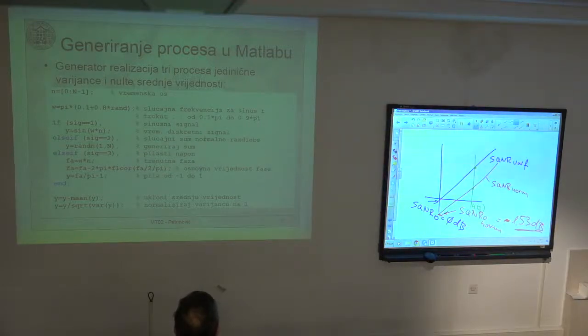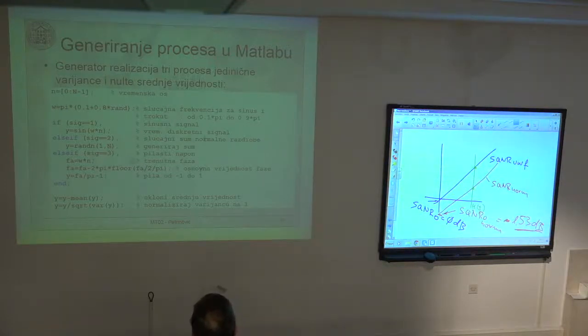If the signal is a random noise with a Gaussian distribution, I use the built-in MATLAB function, random normal, and I simply create a row vector with n random values according to the normal distribution.